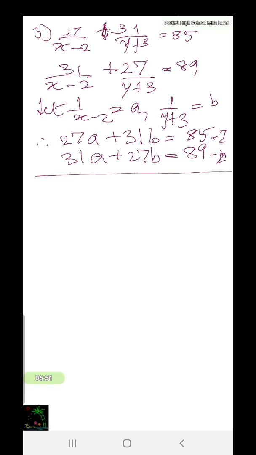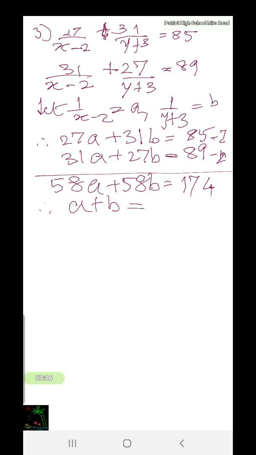Adding the two equations, we have 58a plus 58b is equal to 174. Therefore a plus b is equal to 3. This is our third equation.